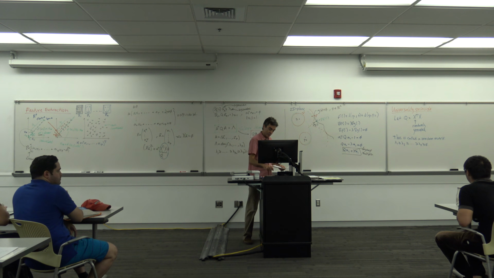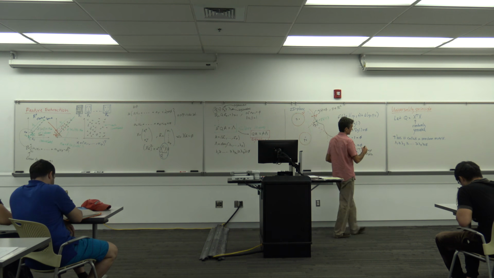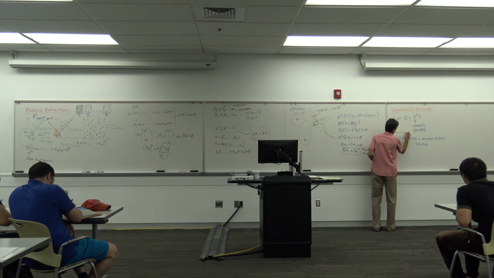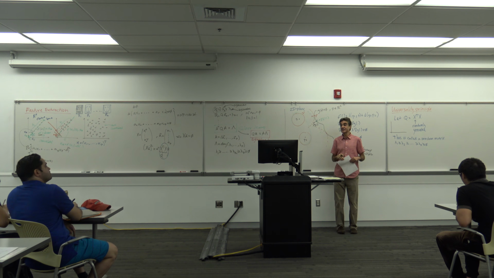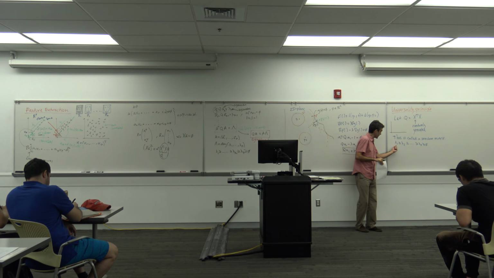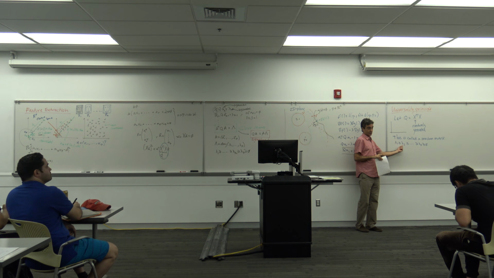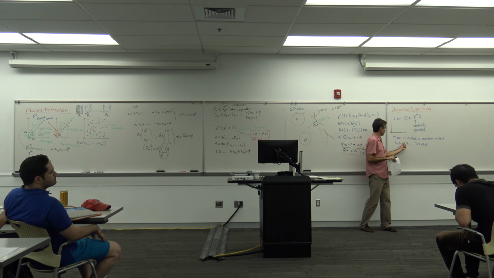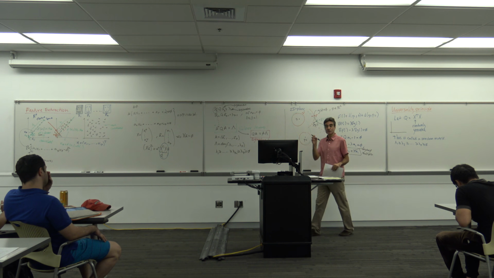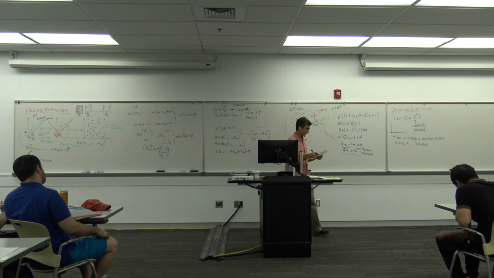And now you plot the distribution of the difference of consecutive eigenvalues. So you do lambda 1 minus lambda 2, and then lambda 2 minus lambda 3, and so on, and you plot the distribution of these distances.